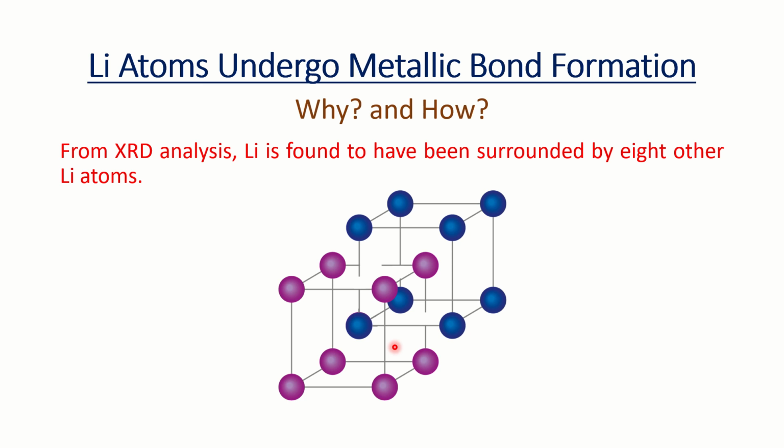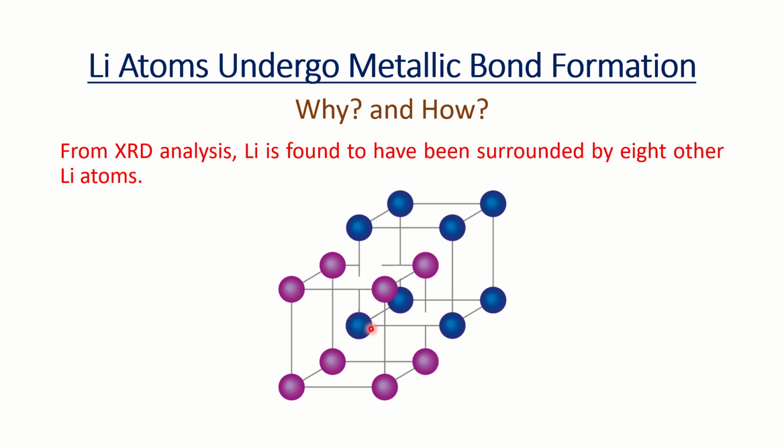In another way, you can visualize this as two interpenetrating simple cubes. This blue colored simple cube interpenetrates this violet colored simple cubic unit cell, and this way the violet apex becomes the body center of the blue unit cell.